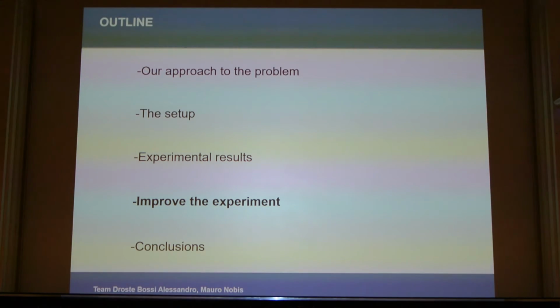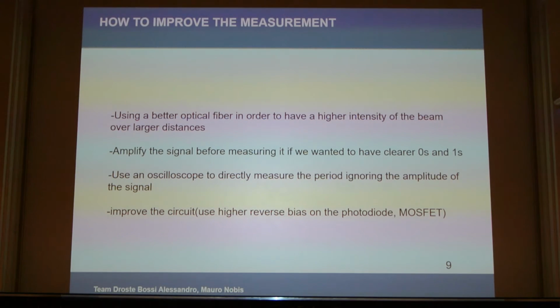Now, what do we have to do to improve the experiment? Firstly, we obviously have to buy a better fiber optic cable. Secondly, we could amplify our signal before measuring it, because, as we said, the voltage was not high enough.